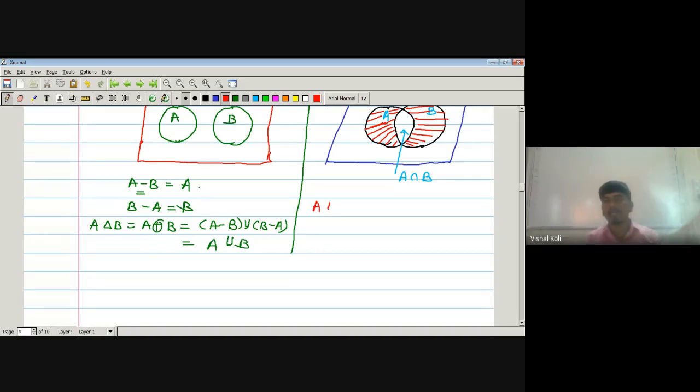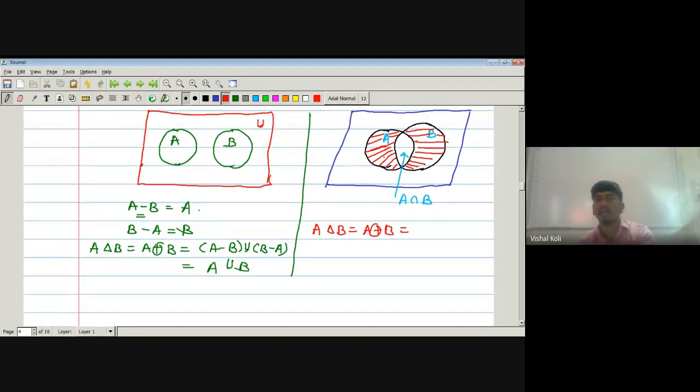Therefore, the symmetric difference of A and B is nothing but this region shaded by the red lines.